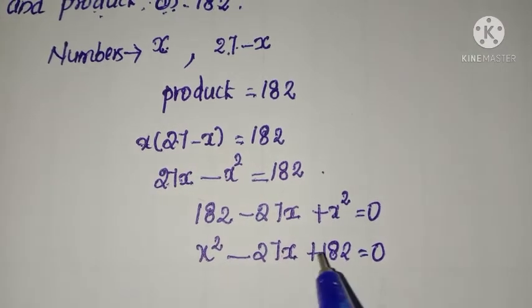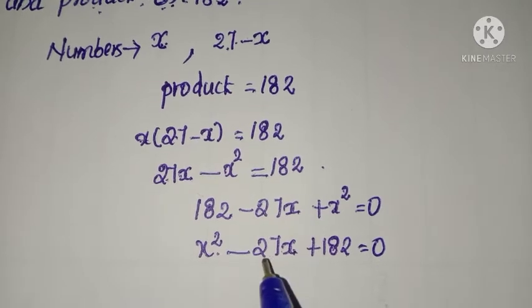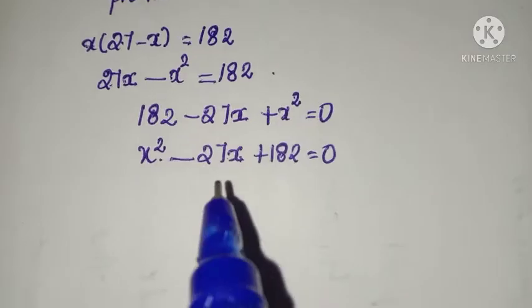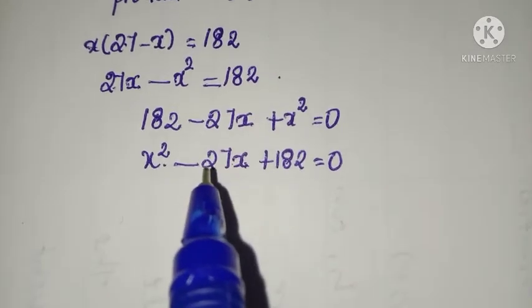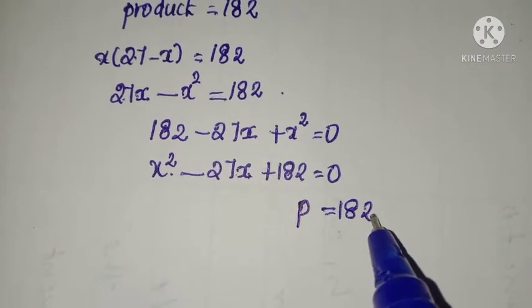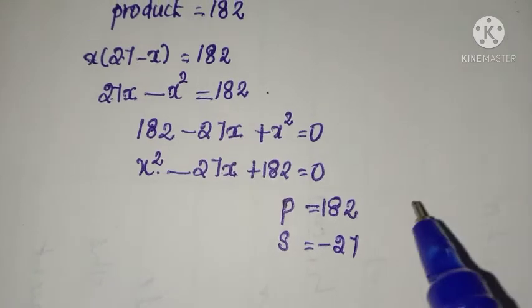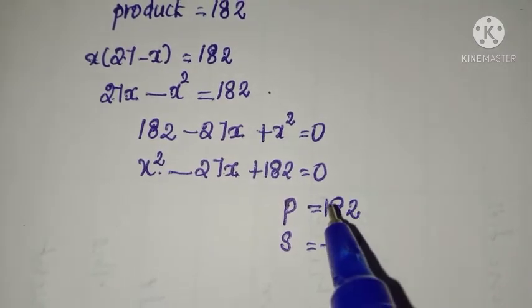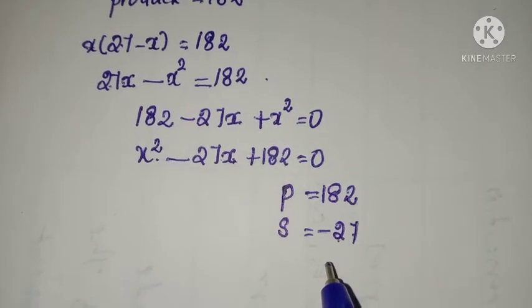Now we want to see what are the roots of this equation. To find the roots of the equation, we are using the middle term splitting method. Listen, here the product is 182 and sum is minus 27. So select any two numbers whose product is 182 and sum is minus 27.